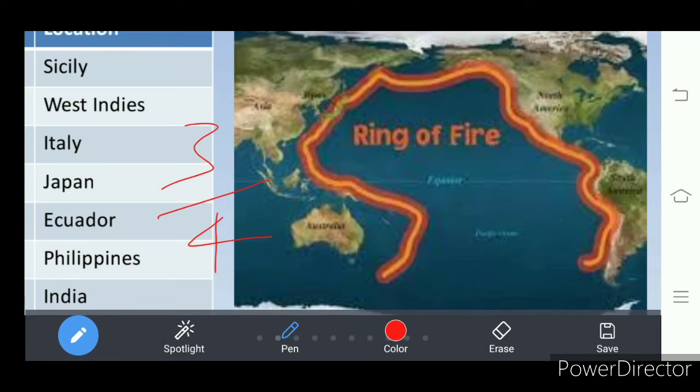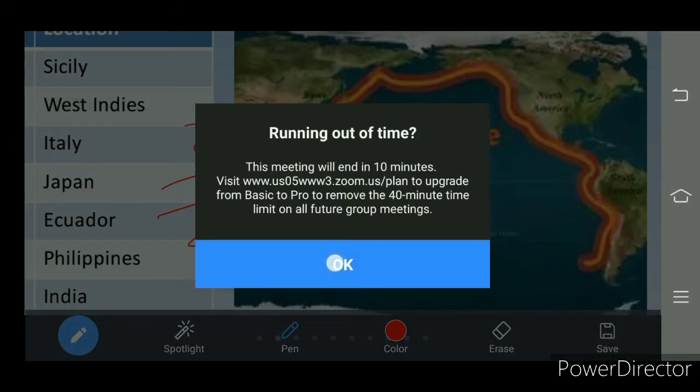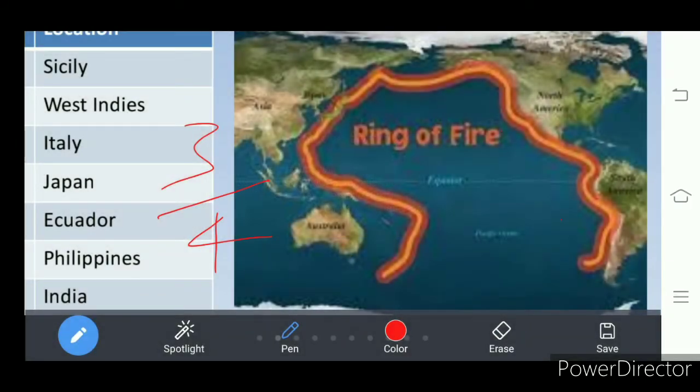So maximum volcanoes we find in the Pacific Ocean, so it is called the Pacific Ring of Fire. So why do we call it the Pacific Ring of Fire? Due to the presence of many volcanoes at the Pacific plate boundary, it is called the Pacific Ring of Fire. Understand? So this is about the Pacific Ring of Fire.